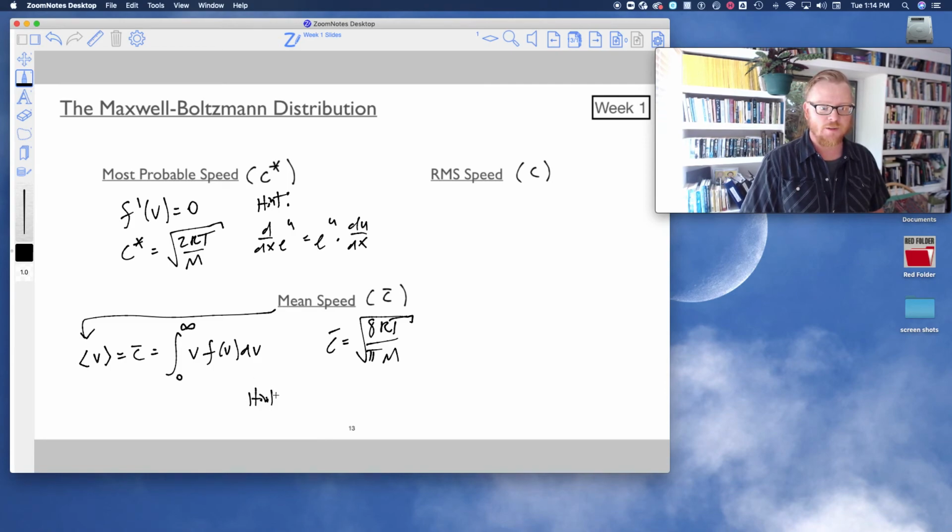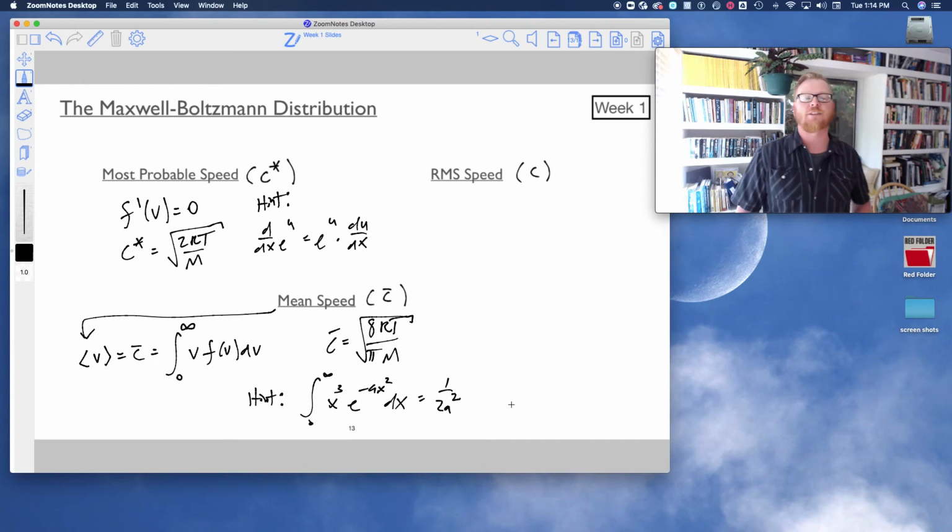And the hint that I'll give you for doing this one is one of these integral solutions: the integral from 0 to infinity of x cubed times e to the negative ax squared dx equals 1 over 2a squared. So that's your hint for trying to solve that integral.